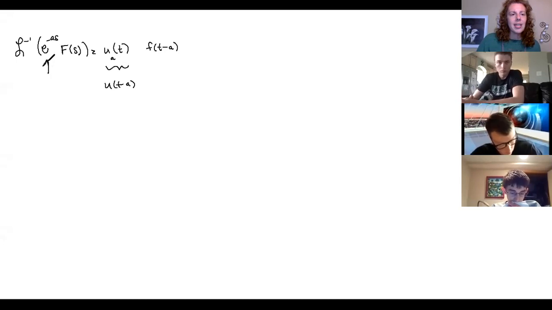So this e to the negative as out in front is what indicates to you that you need to use the unit step function. That's what you're looking for.